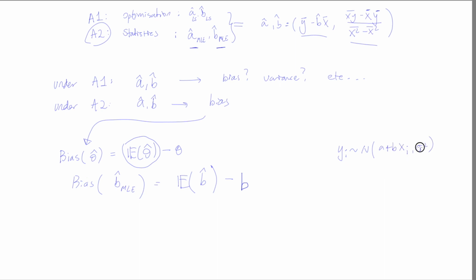This is an assumption. These are the true values A and B, and we have an estimator B hat. So what is the expected value of B hat?